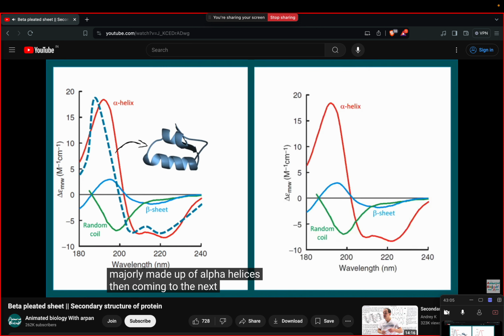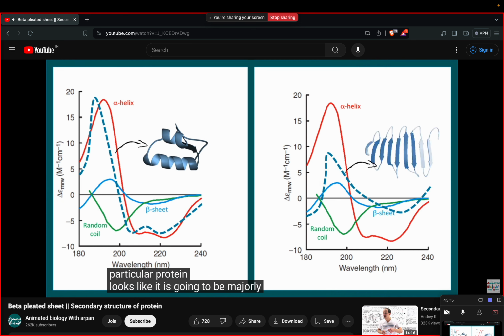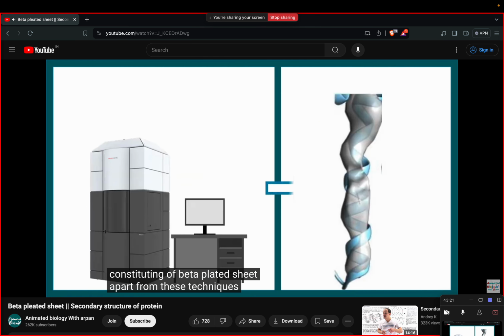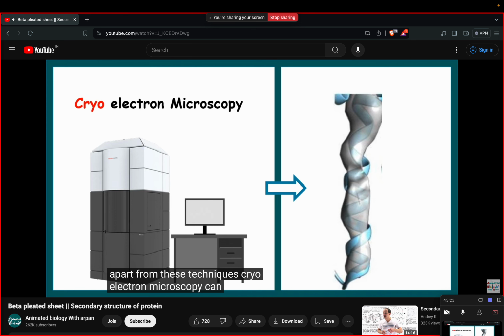Then coming to the next example, where we see a trace like this, this particular protein looks like it is going to be majorly constituted of beta pleated sheet. Apart from these techniques, cryo-electron microscopy can also provide us with structural information about a protein.